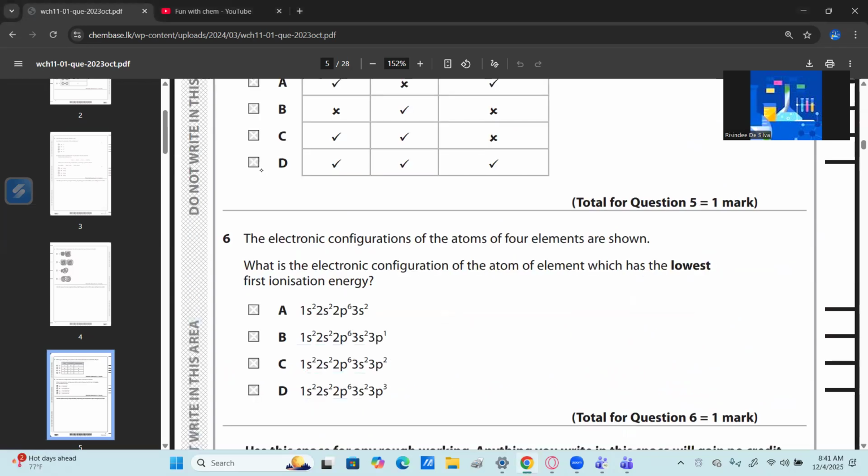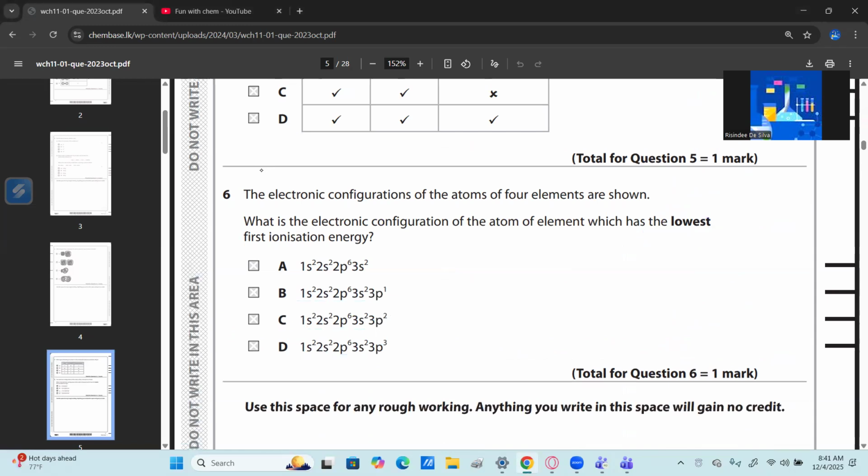Sixth one, the electronic configurations of atoms of 4 elements are shown. What is the electronic configuration of the atom of the element which has the lowest first ionization energy?